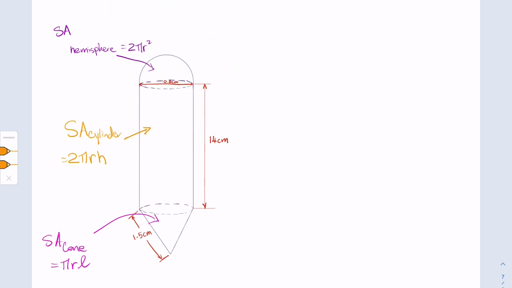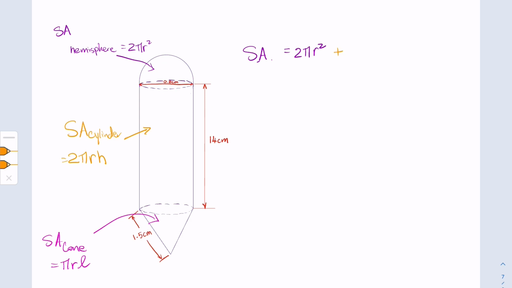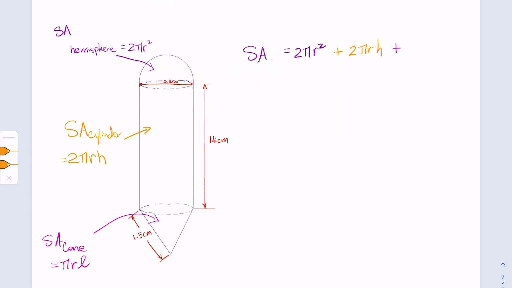So surface area, SA for surface area equals, and I'm going to just go straight across, 2 pi r squared, so that is our hemisphere, plus 2 pi r h, that is our cylinder, plus pi r L.